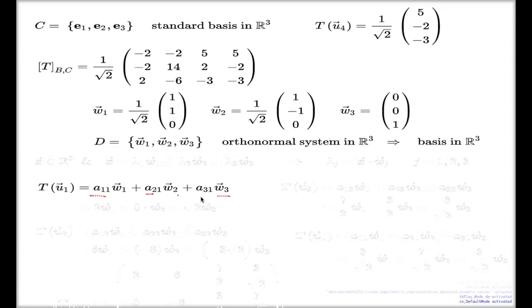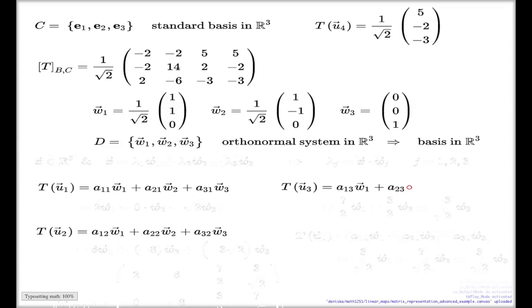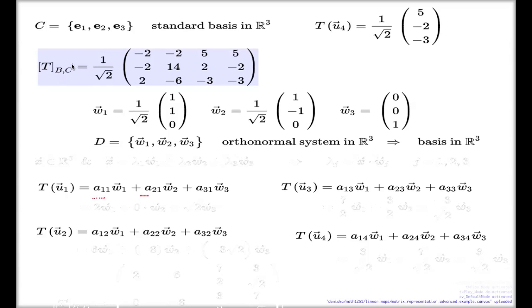It's the same idea behind the indexing as from the slide before. T of U2, T of U3, all of these unknown components, then we have to find them, and T of U4. When we find them, we will take these unknowns as columns of this matrix we're looking for, with G replacing C in here.